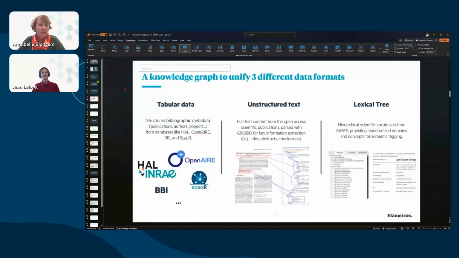We also had unstructured text, the publications themselves, and we had a lexical tree of all the concepts and sub-concepts that was all well organized into this lexical tree. And we combined all of those into one unified knowledge graph.